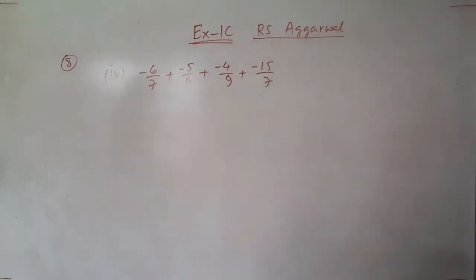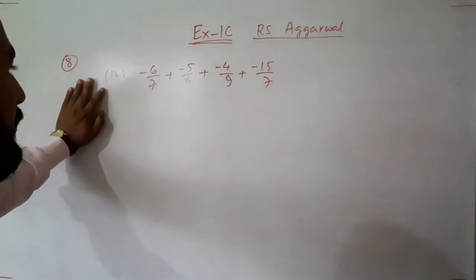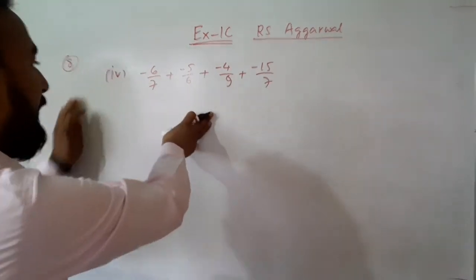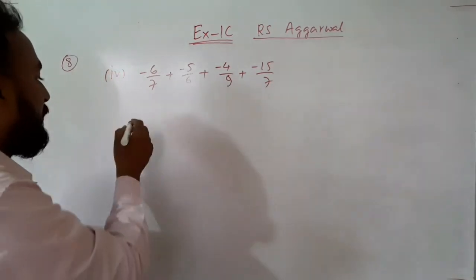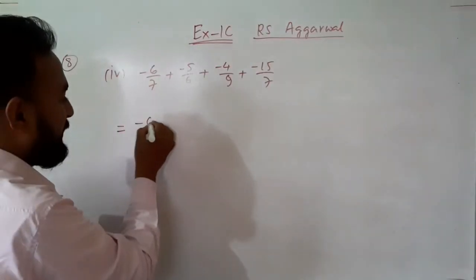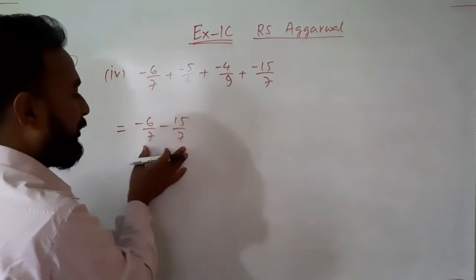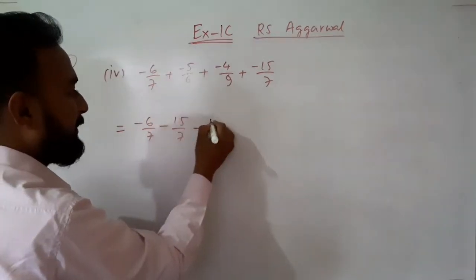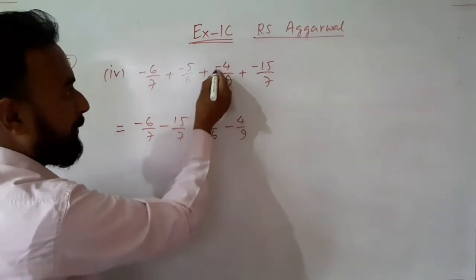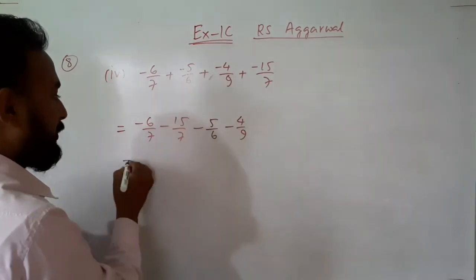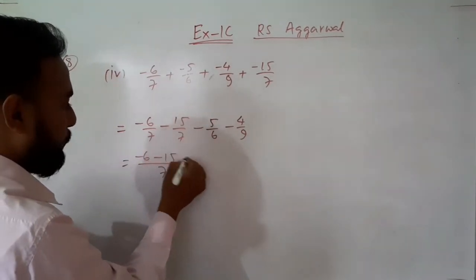In question number 8 you have to simplify by suitable rearrangement. You have to solve it by suitable rearrangement. So see: minus 6/7 plus minus 15/7, the denominators of both are the same, and plus minus 5/6 plus minus 4/9, which is in the form of multiplication.